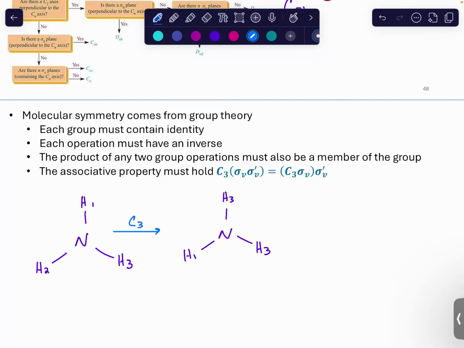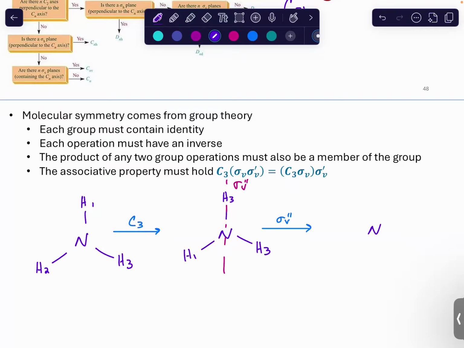Now, what we're going to do is a sigma V double prime. Let's just say the sigma V double prime is there. So what's going to happen now? We're going to rotate it, like flip it like a pancake. Yeah, pretty much.